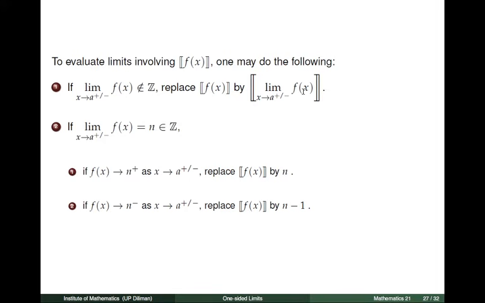On the other hand, if the limit of f of x is equal to some integer n, then there are two possibilities. First, if f of x is tending to n from the positive side, so n plus, we replace the GIF of f of x by n. On the other hand, if f of x tends to n from the negative side, or n minus, then we replace the GIF of f of x by n minus 1.